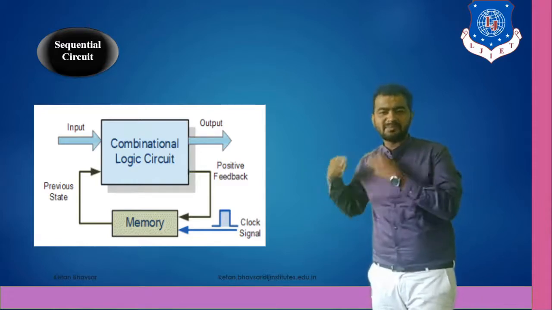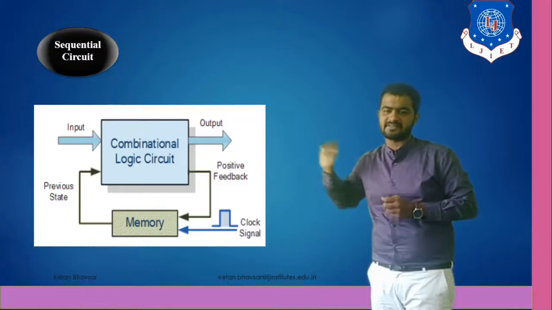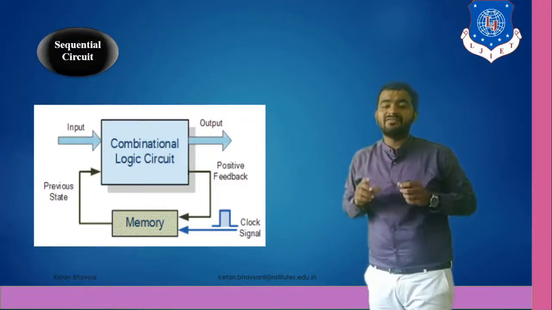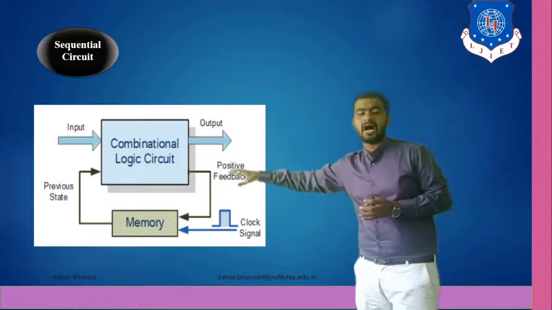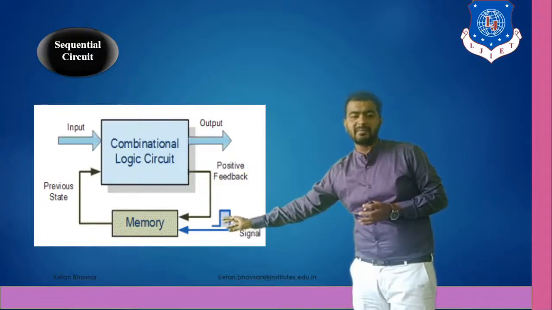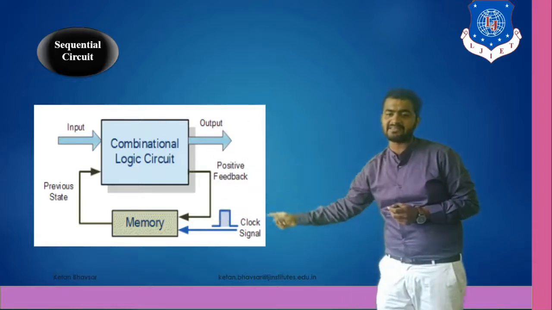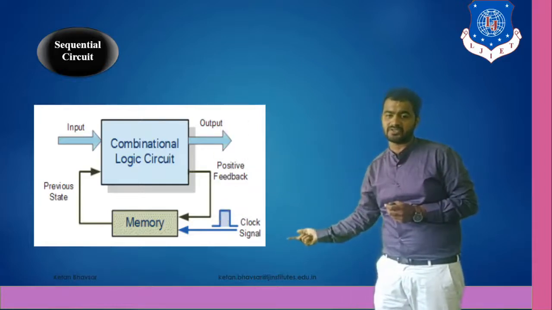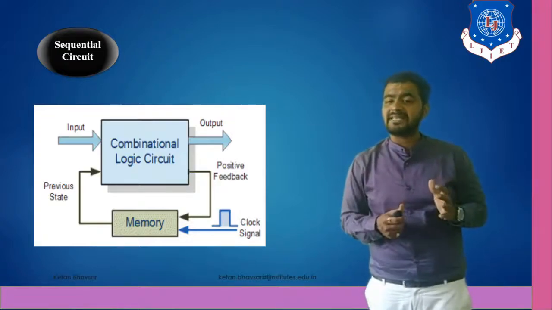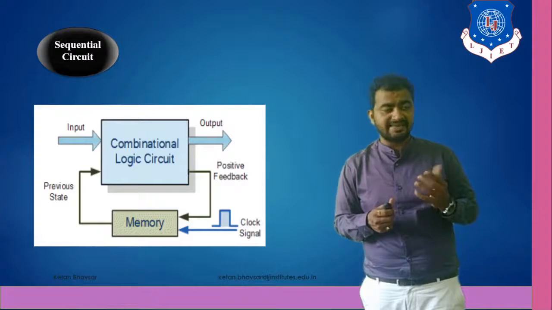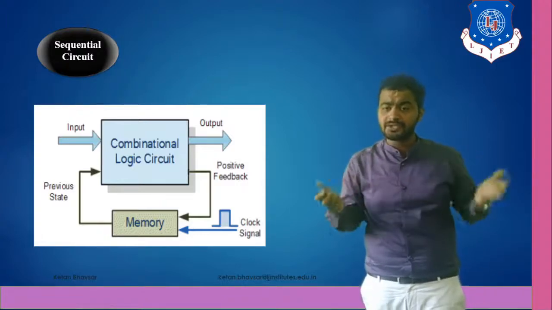You can assume that the multiplexer, demultiplexer, encoder, and decoder are combinational circuits. But in the sequential part, the output again goes to the memory element and then goes to the input too. Means it is a feedback based circuit, and you can see the clock pulse is also available here. In terms of clock pulses, it can work asynchronously or synchronously, depending on the clock frequency too.